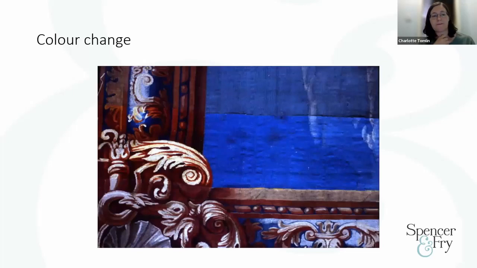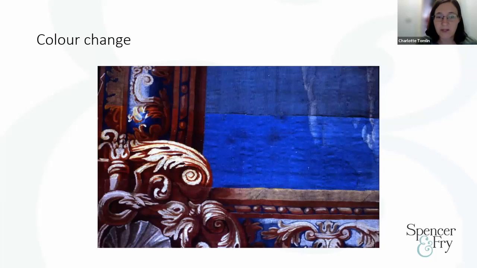So pictures. One of the major deteriorations caused by light is colour change, and I think we've all noticed this in our day-to-day life. If you put photographs near the window, or textiles near the window, they tend to change colour.